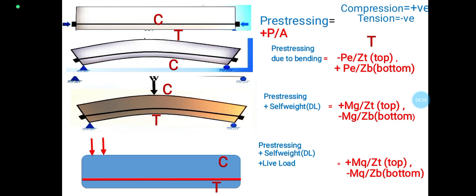Due to the application of external force like this, the beam tries to become entirely flat, and again compression is expected at the top fiber and tension at the bottom fiber. As a result, the stress expression for the condition pre-stressing plus self-weight plus live load is given by plus M_q by Z_T at the top, plus because compression is expected at the top, and minus because tension is expected at the bottom.